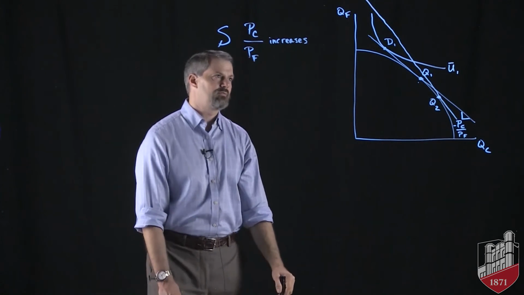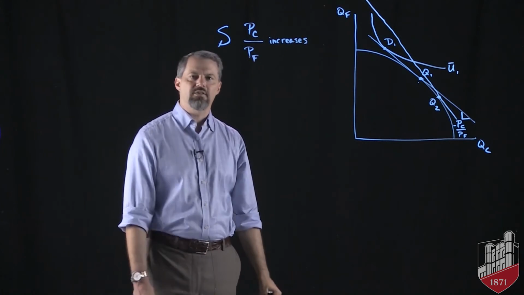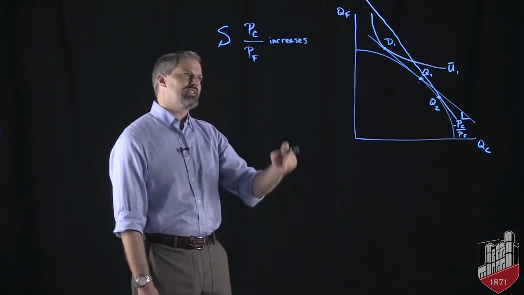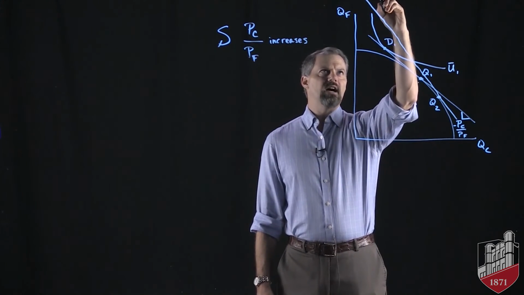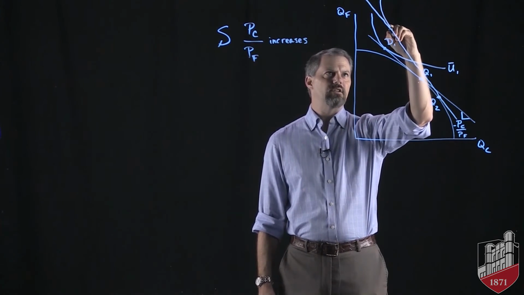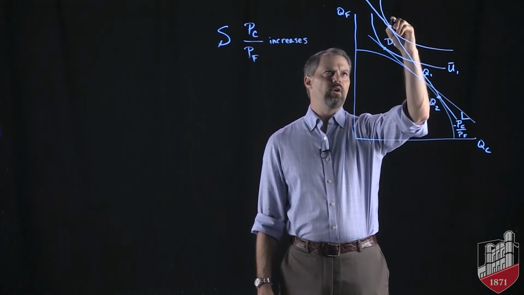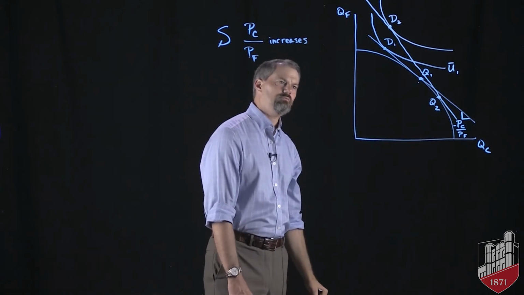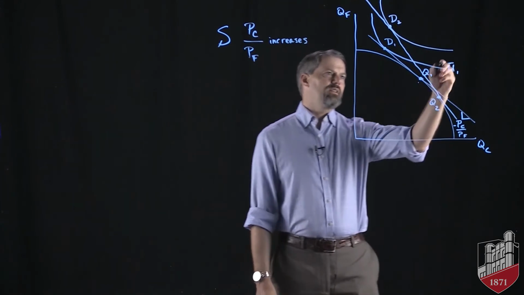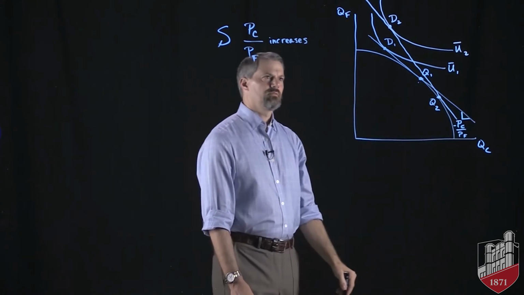What's going to happen when the relative price of cloth increases is that this is going to allow our representative consumer in this economy to move to a higher indifference curve. We're going to move to a new point of tangency. We could call it D2. And that is going to occur at a higher level of utility.